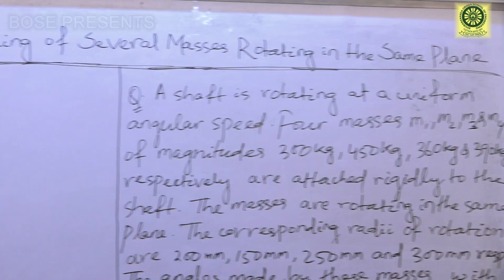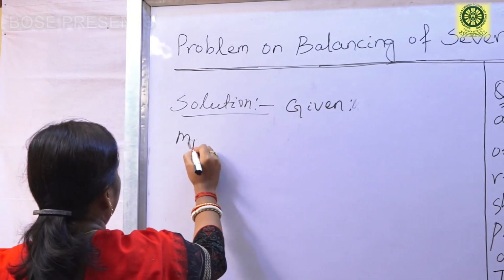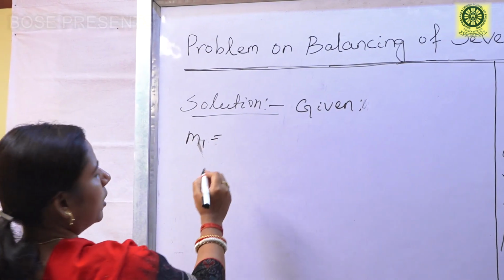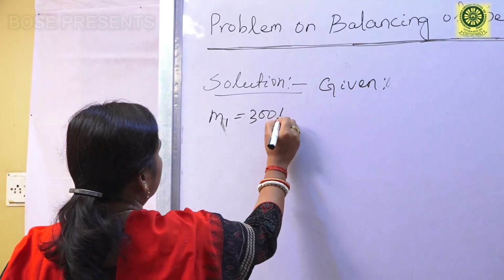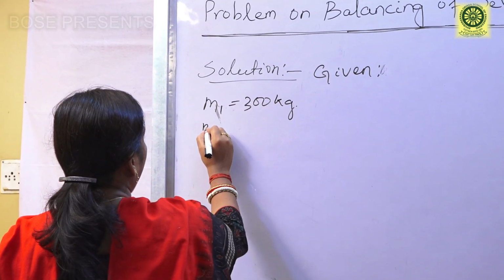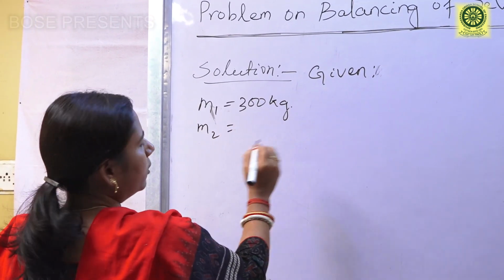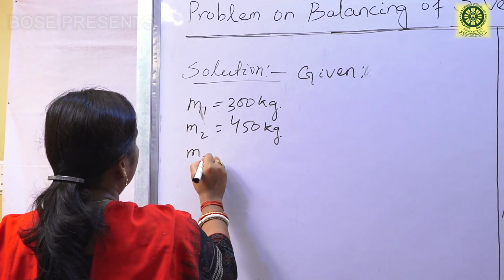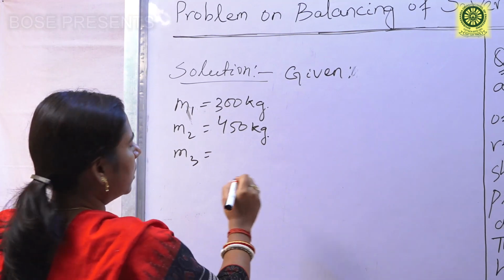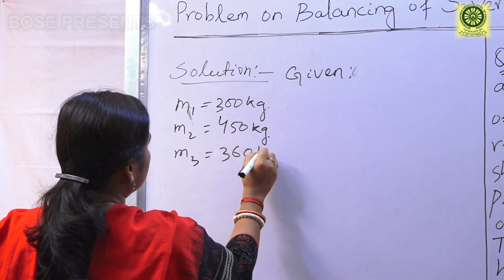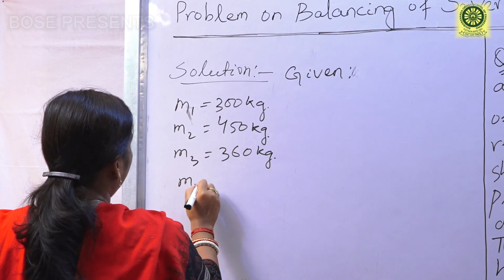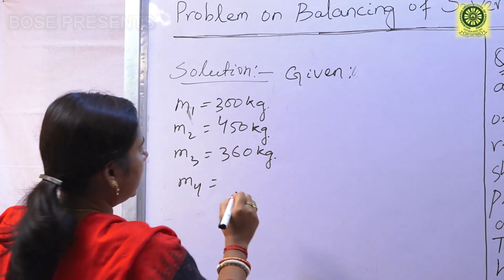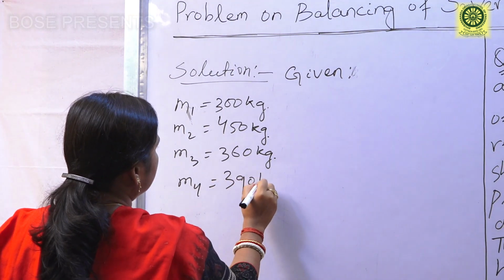So first, what are the masses given? That is M1 is equal to 300 kg, M2 is equal to 450 kg, M3 is equal to 360 kg, and M4 is equal to 390 kg.